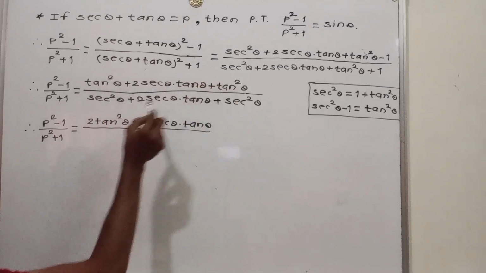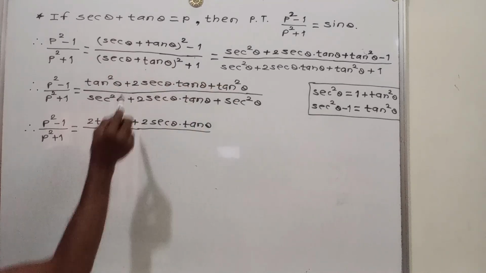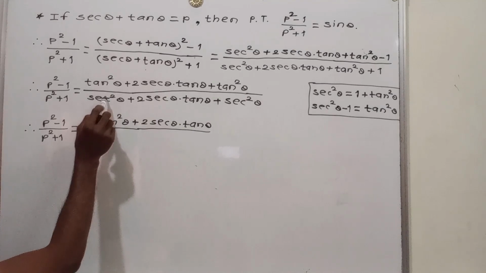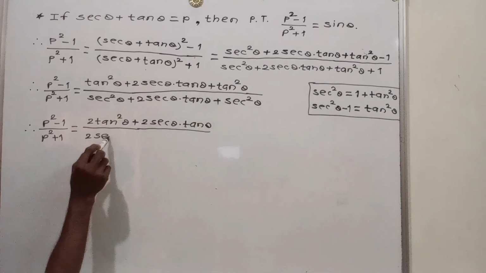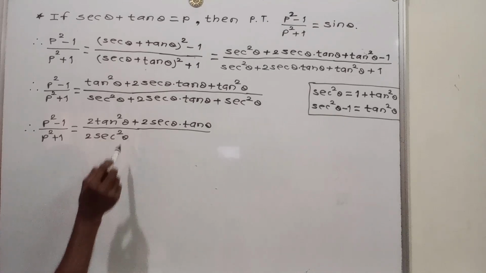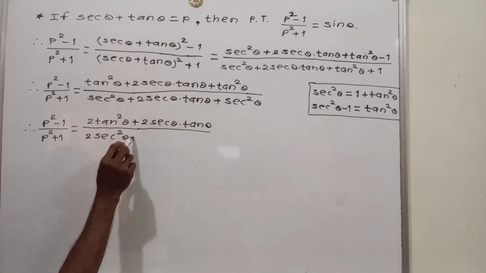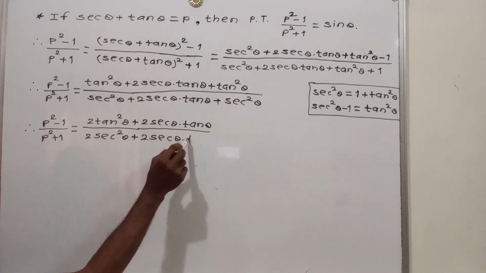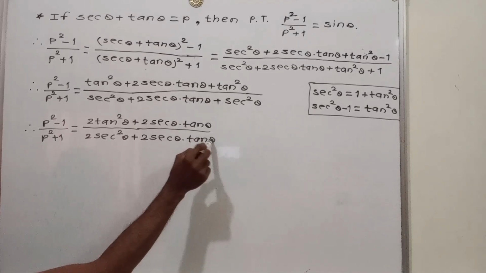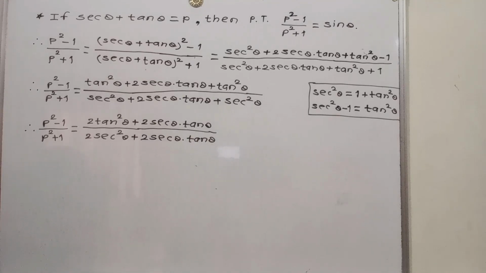Tan square theta plus tan square theta is 2 times, plus remaining. Here sec square theta plus sec square theta is 2 times sec square theta, and the remaining 2 sec theta into tan theta. Did you get it?